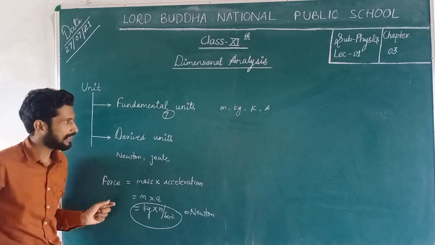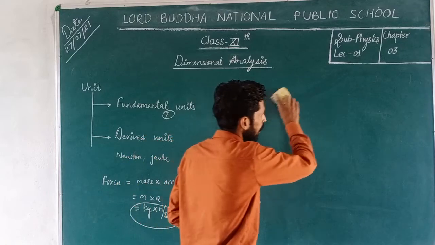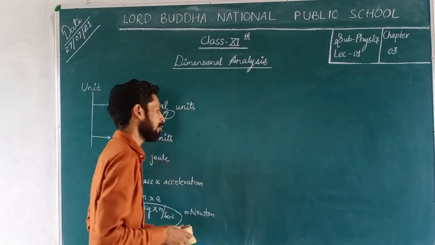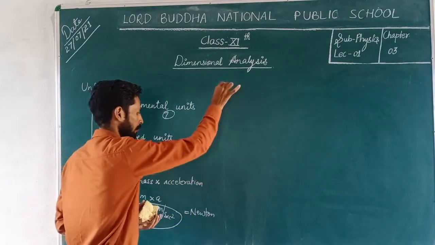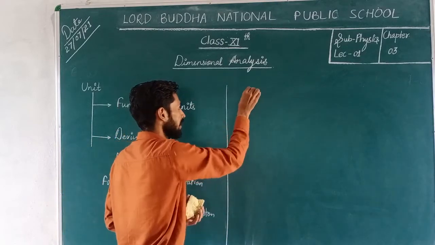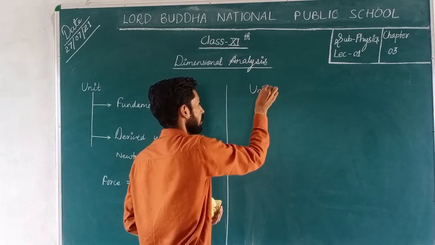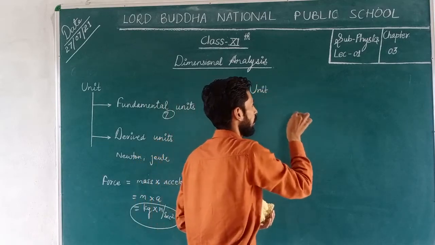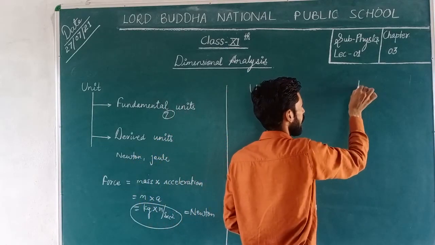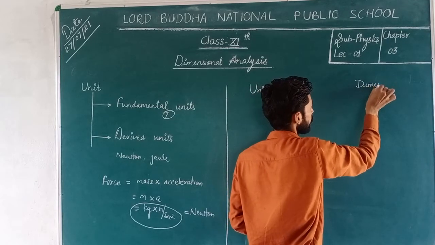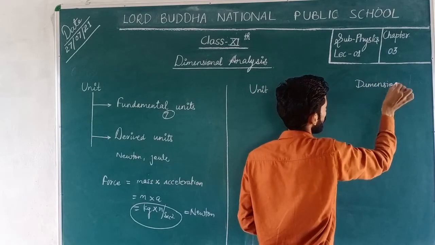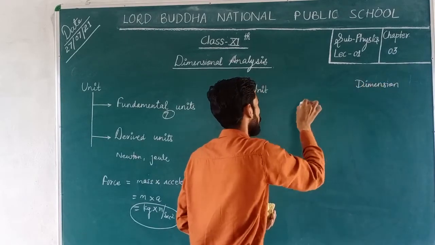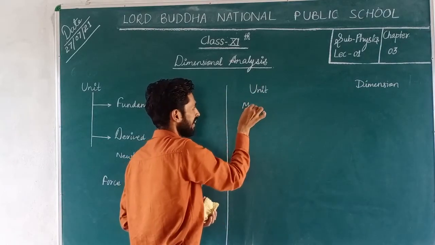Actually, dimension can be found out with the help of units. For example, on this side we are writing a unit, and here is the dimension of that unit. For example, meter.